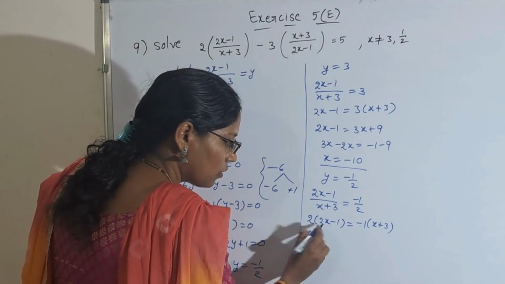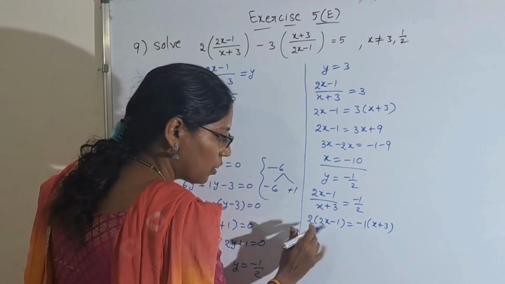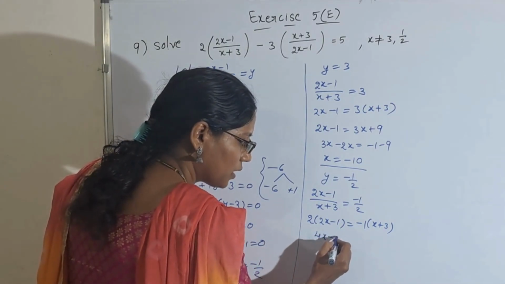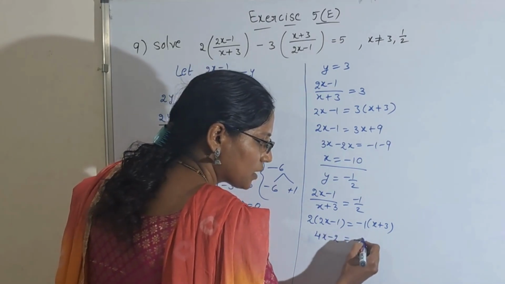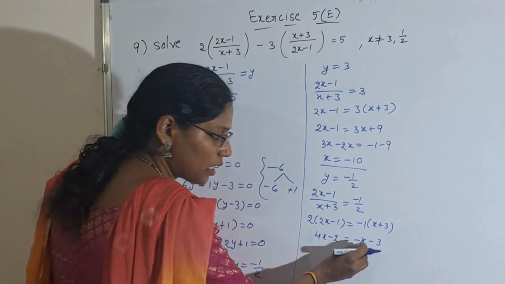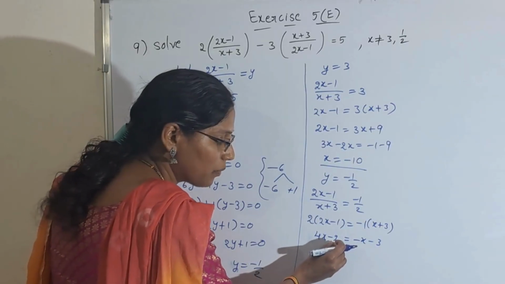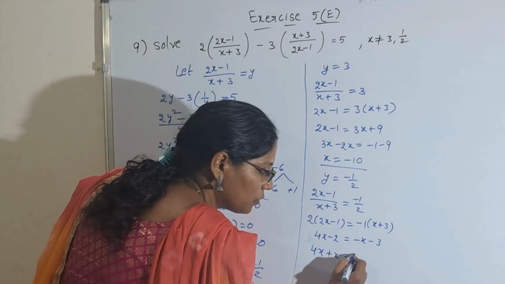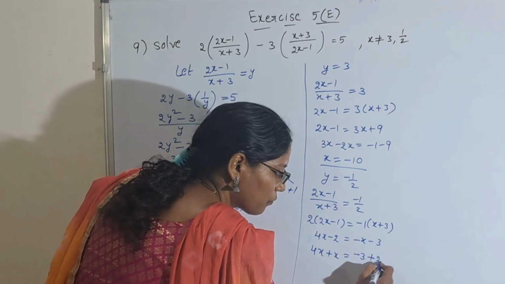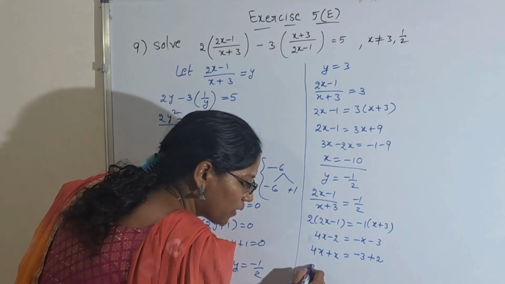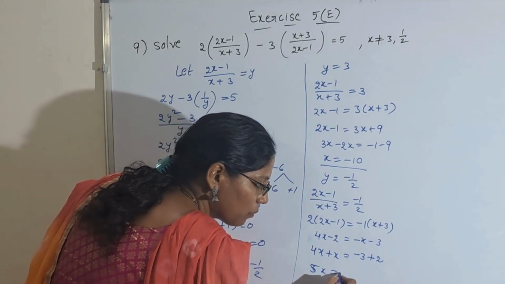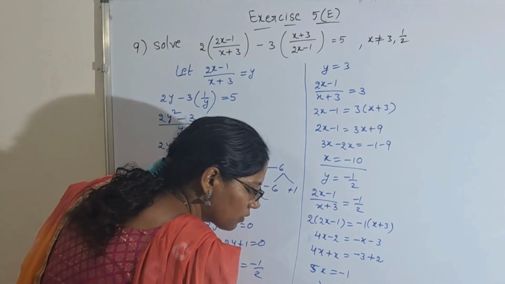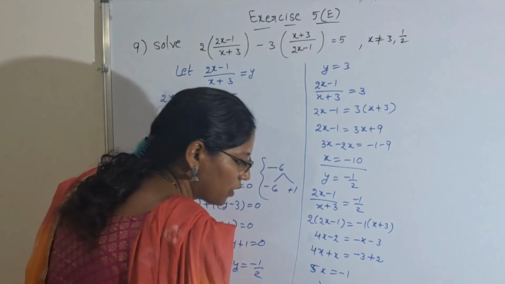Here 2 2s are 4x minus 2 equal to minus x minus 3. Here x value we have to shift left side, minus 2 we have to shift right side. 4x plus x is equal to minus 3 plus 2. Here 5x is equal to minus 1. X is equal to minus 1 by 5.